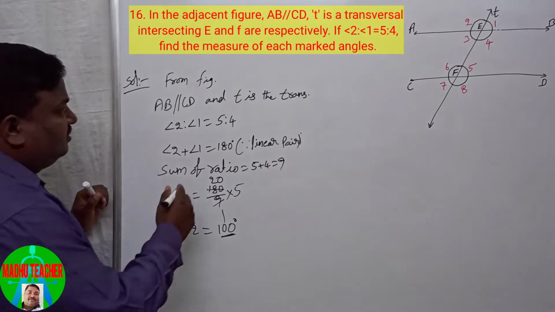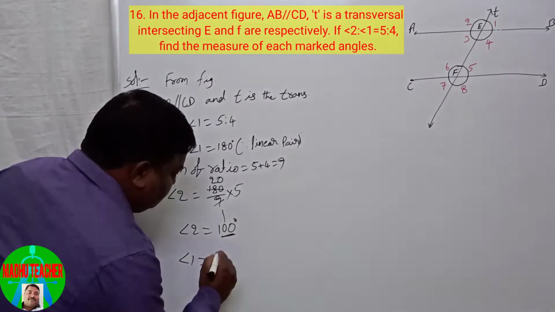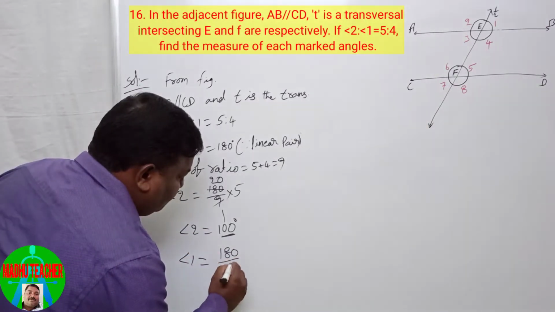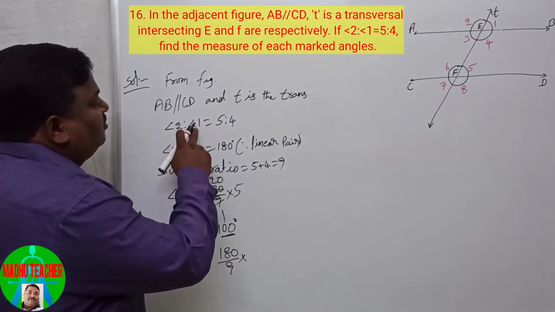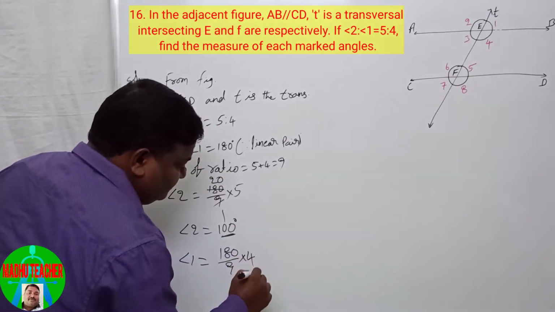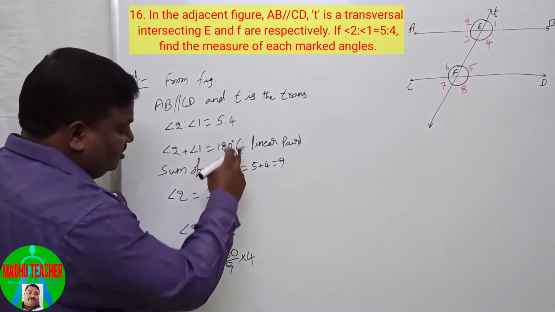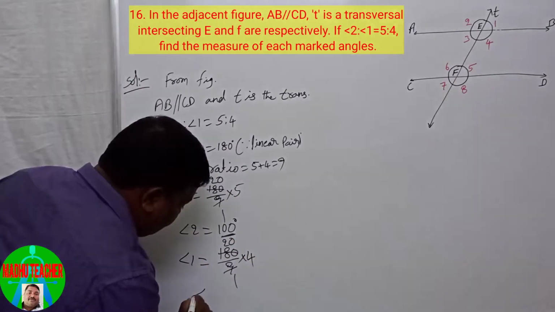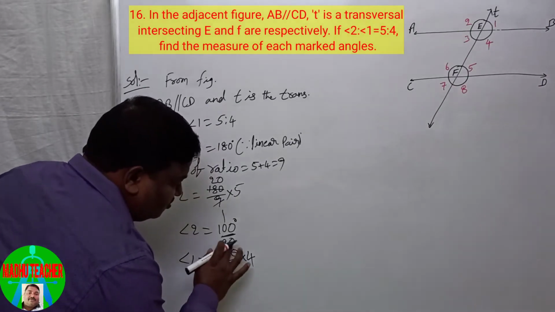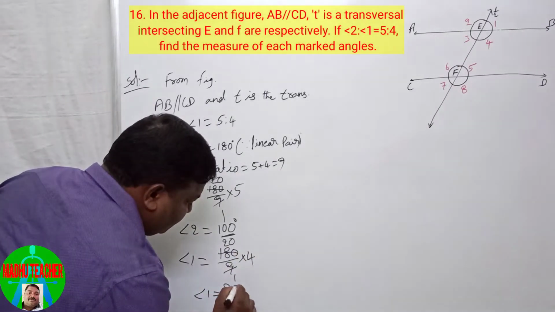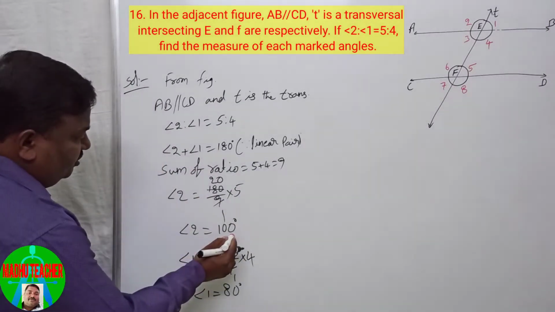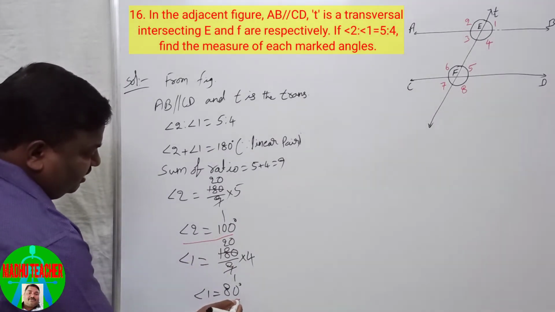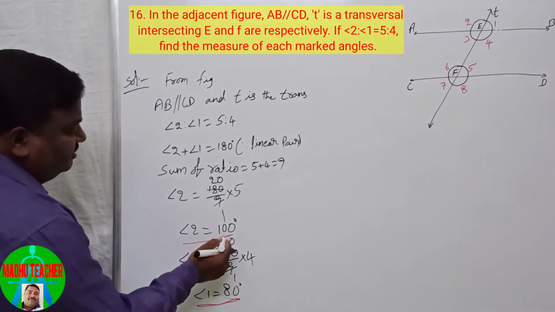Next, angle 1 is 4 parts, so 20 into 4, that is 80 degrees. Angle 2 is 100 degrees, angle 1 is 80 degrees.